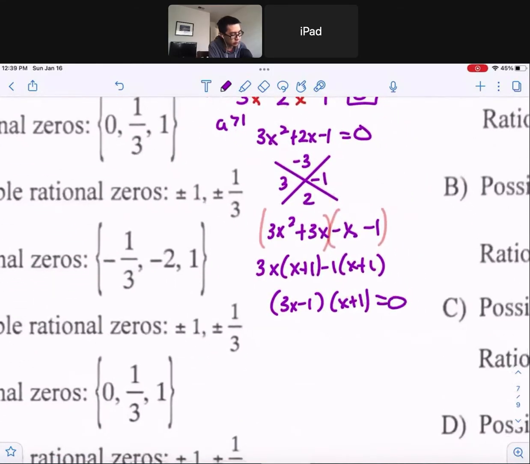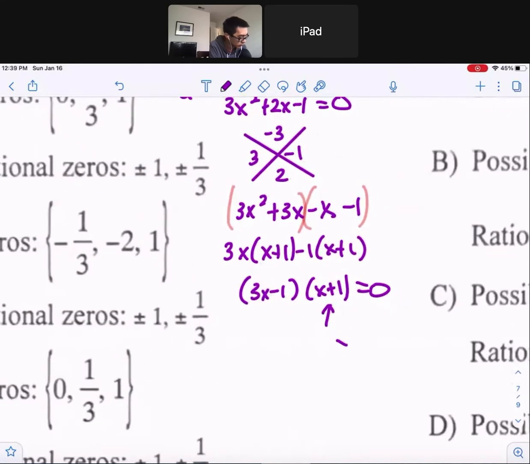Now we have to solve for x though, right? We have to find our zeros. So what value of x would make that whole thing become 0? Negative 1. So x has to equal negative 1. What value of x would make that whole thing go to 0? If you're good with fractions, that would be positive 1/3.